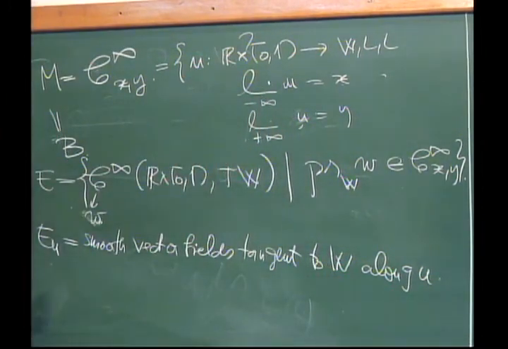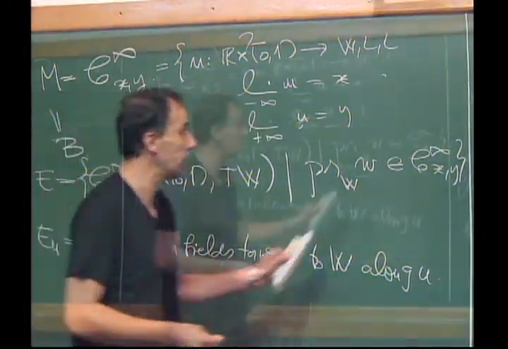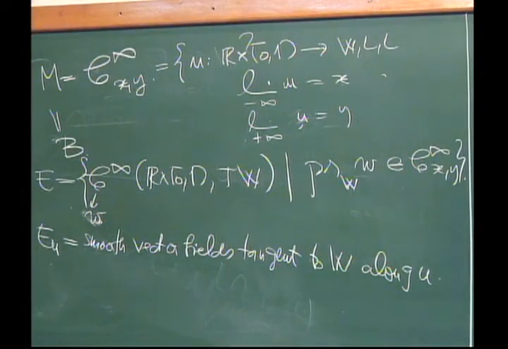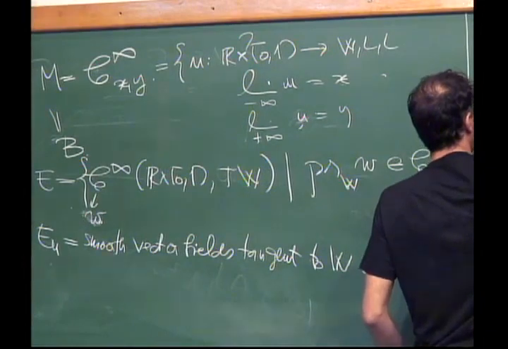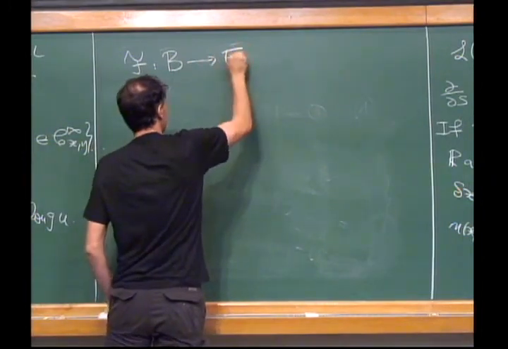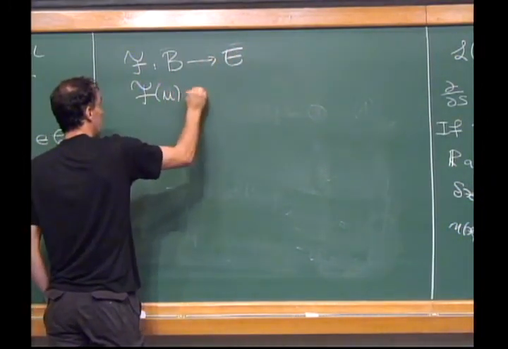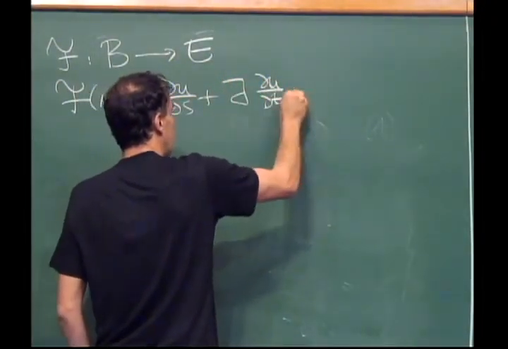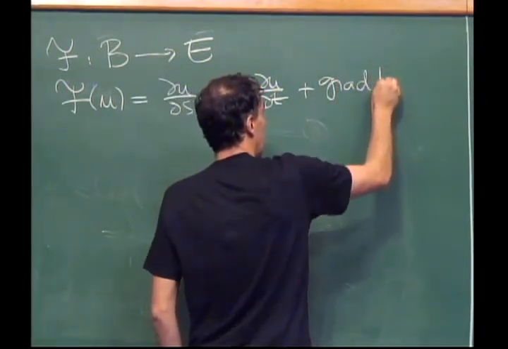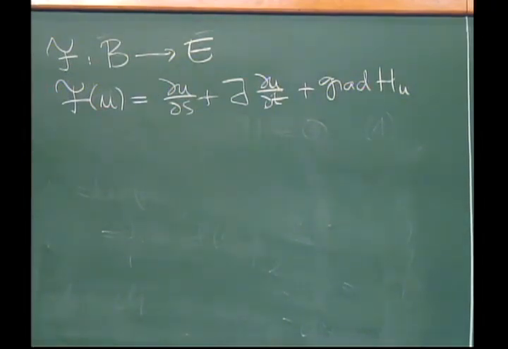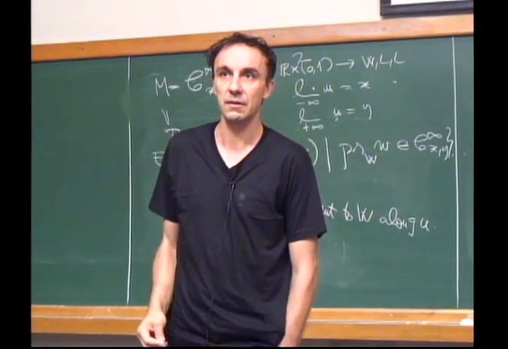So with this notation, we have this Floer operator F, which can be seen as going from B to E. F(u) is du/ds plus J du/dt plus gradient H of u, and it can be seen as a section of this vector bundle, right?